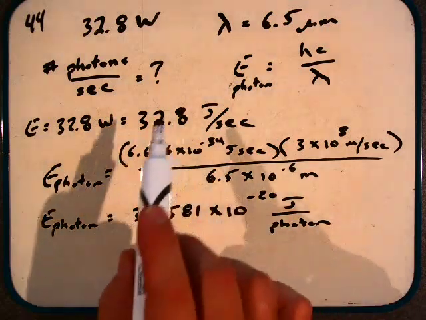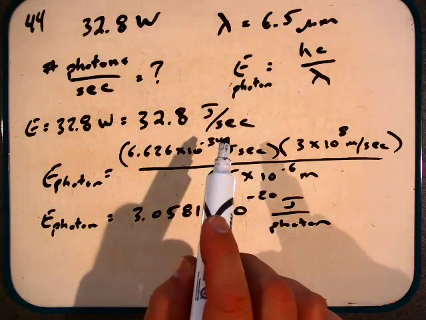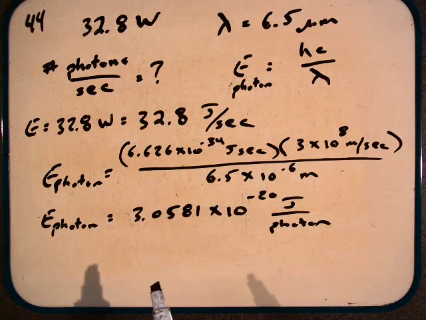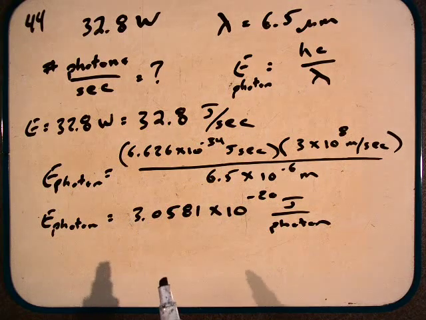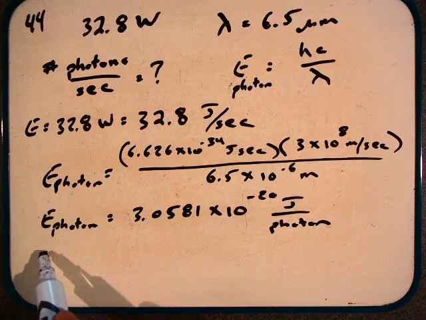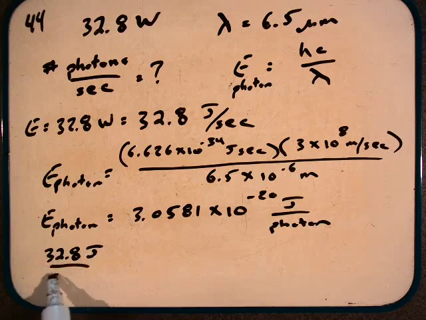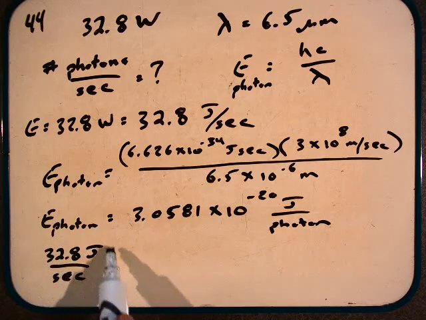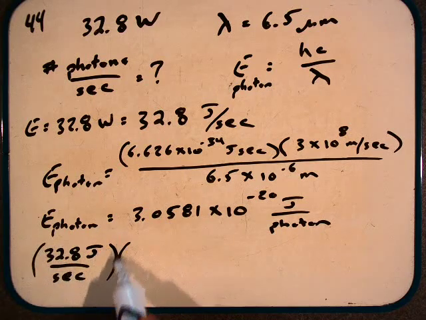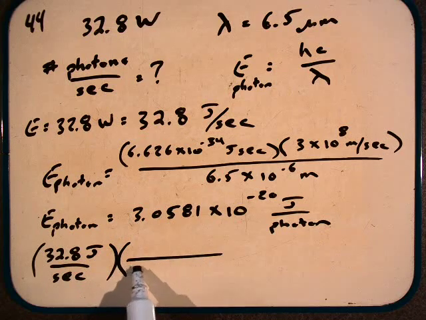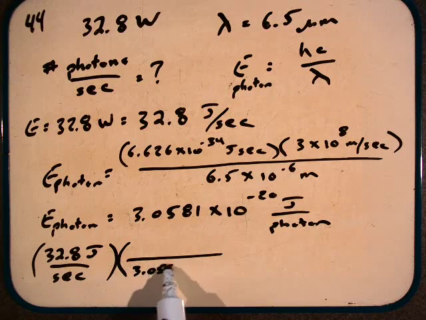Now we just want to use this energy output of 32.8 joules per second to figure out how many photons are being released per second. So we'll take that 32.8 joules per second and we will divide it by our value that we just got.